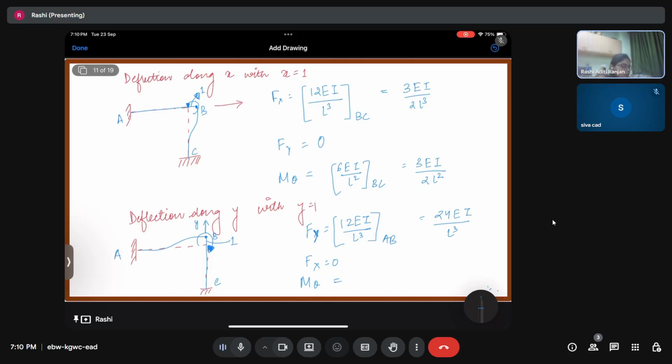We have already considered the anti-clockwise direction as positive. So definitely here we'll have the same equation but with a minus 6EI by L square. This time for AB, it is going to be minus of 12EI by L square, because I is twice. Okay, I hope this is clear.